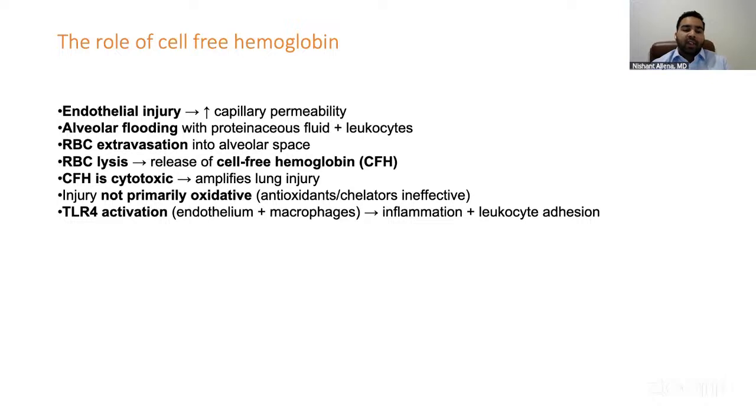When your RBCs lyse, that's when you have a release of cell-free hemoglobin, which is quite toxic. This also causes activation of toll-like receptor 4, which induces further inflammation from leukocyte adhesion. Again, the role of cell-free hemoglobin is quite nascent, and people are still looking into how this is going to impact ARDS.